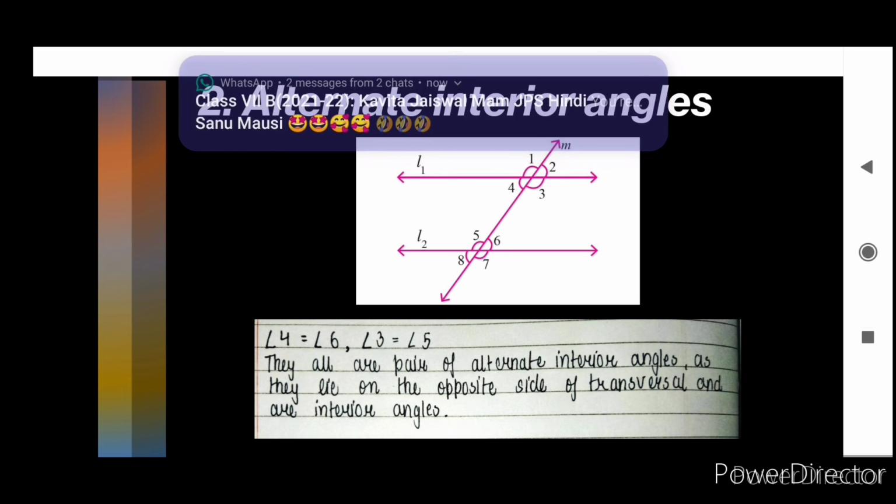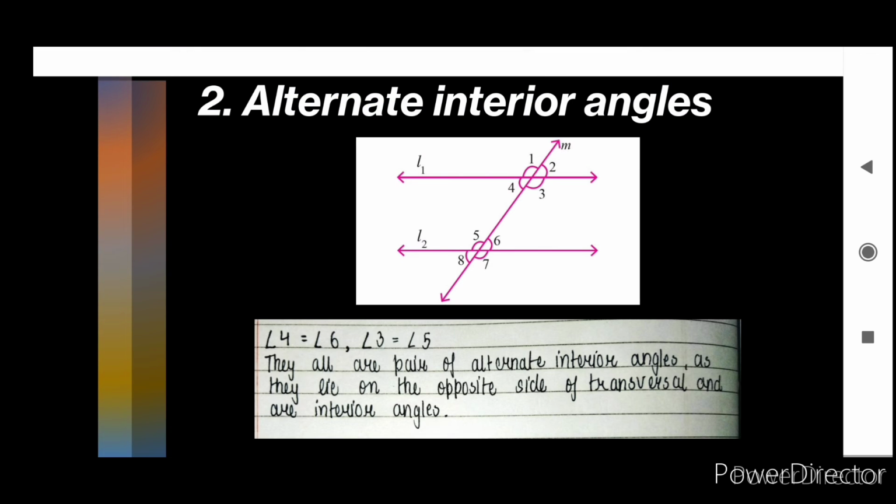Angle 4 is equal to angle 6 and angle 3 is equal to angle 5, and they always lie on opposite sides of the transversal, meaning one on the left and another on the right of the transversal, right? So their property is that they lie on opposite sides of the transversal.